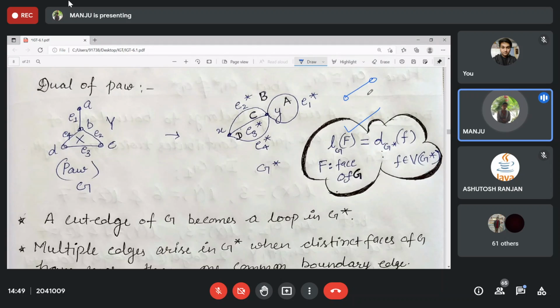What about the length of this face? Length of face is defined as the number of edges on the closed walk, or length of the closed walk. Closed walk, not closed loop.